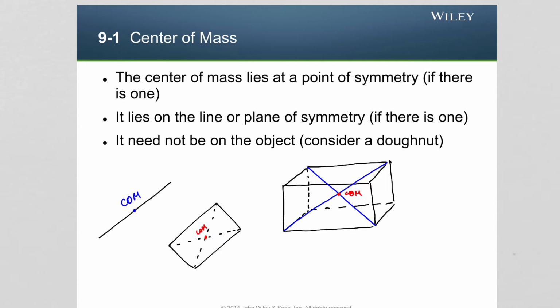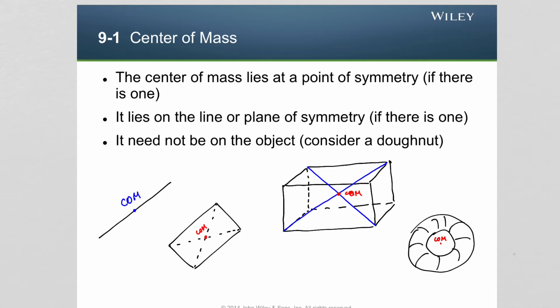For some objects, the center of mass need not be on the object. And the simplest example is a donut. So a donut is a shape that approximately looks like so, and the center of mass is located at the geometric center where there is no material from the donut.